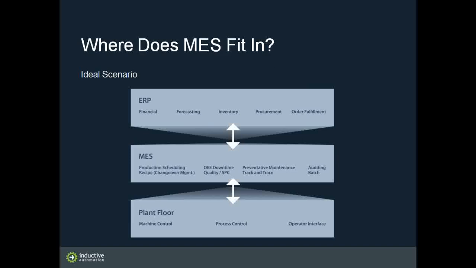Then the MES layer: your production scheduling, recipe, changeover management, OEE downtime, quality, statistical process control, your SPC approach, preventive maintenance, auditing batch, all those things that are the execution of your manufacturing process. And, of course, you have the plant floor, and that's your machine control, HMI, process control, operator interfaces.